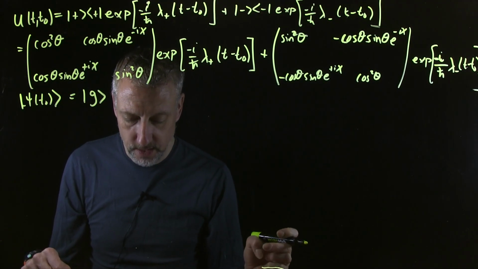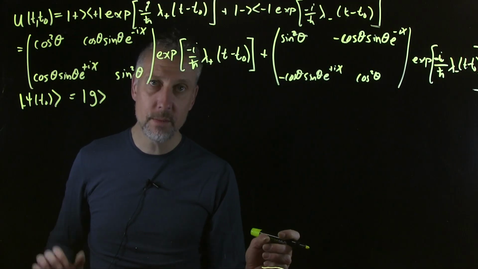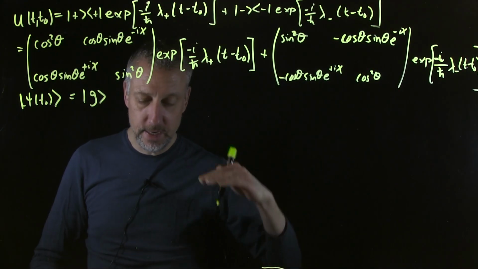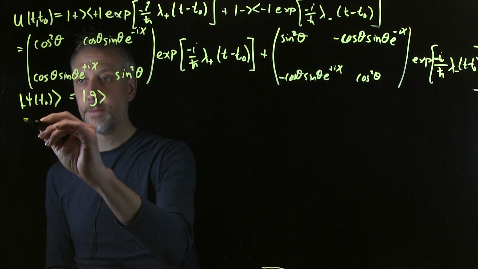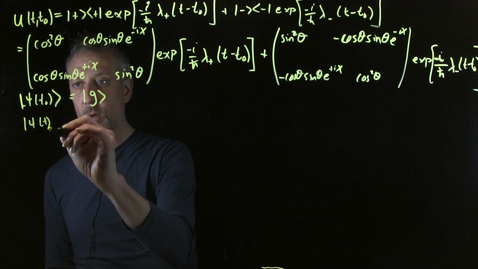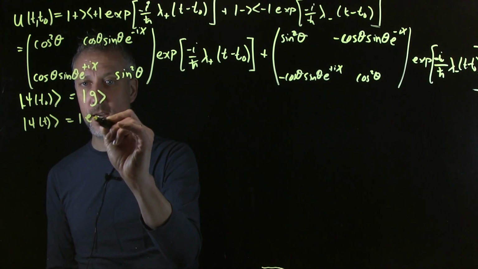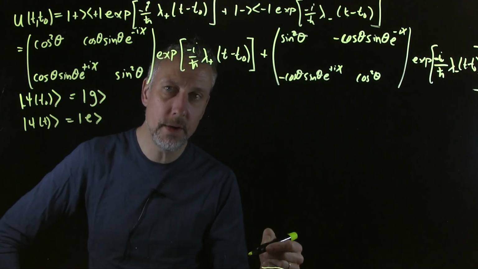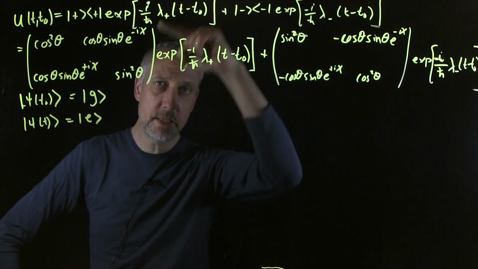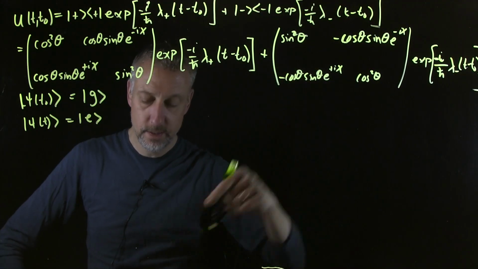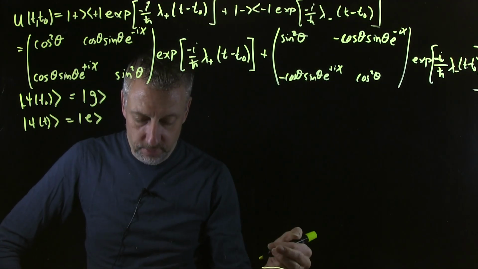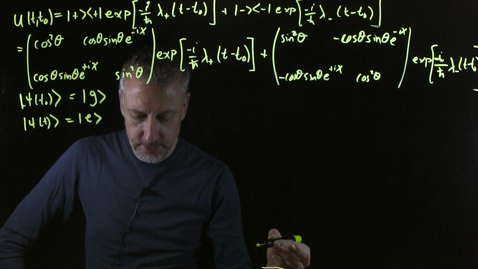It's the ground state without the coupling. Now the question is, what is the probability that psi of t equals E? So what's the probability that we go from G to E at time t, as we are having this coupling?